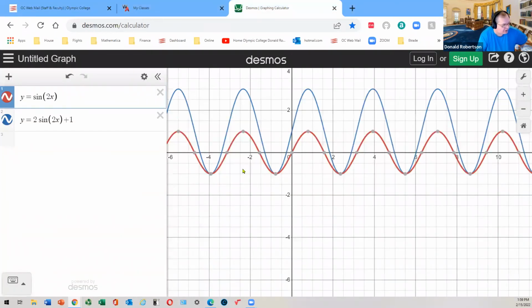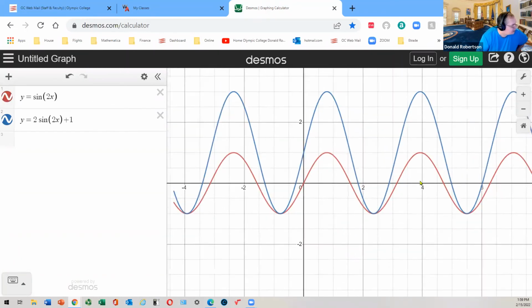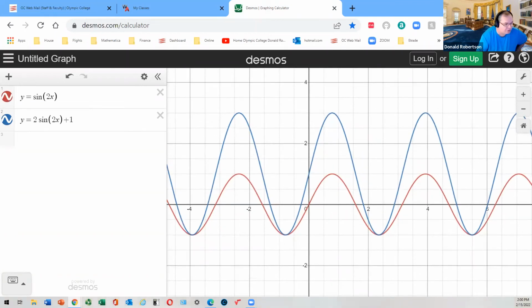Right, are you still looking at Desmos here? Now, if I zoom in a little bit, one of the 4 pictures is going to look like that. That's question A. And then it says, find their points of intersection on the range 0 to 2 pi.